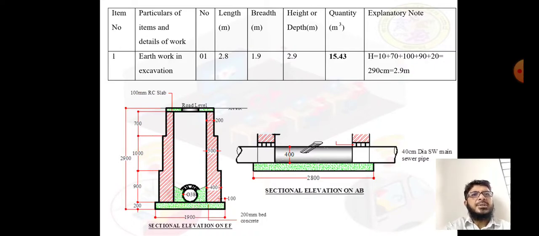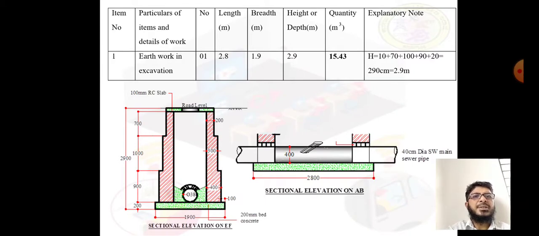I will repeat this once again. Total number 1, then length 2.8 meter, breadth 1.9 meter, and height or depth 2.9 meter. So you can calculate its quantity as 15.43 meter cube. So this much is the quantity of excavation.